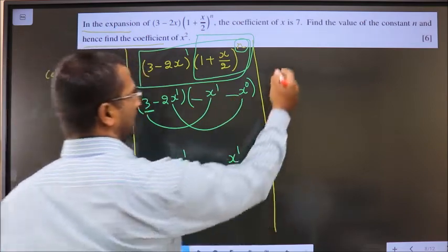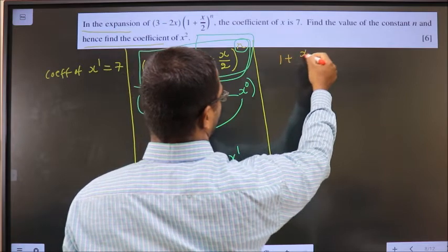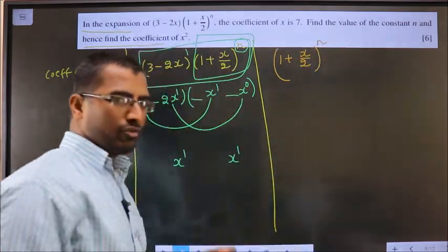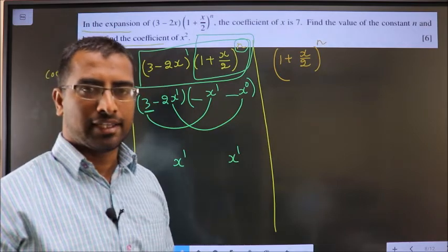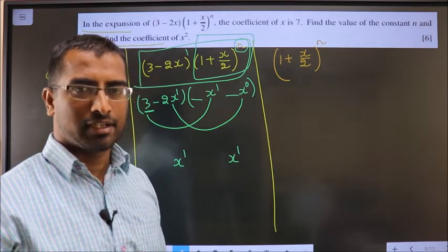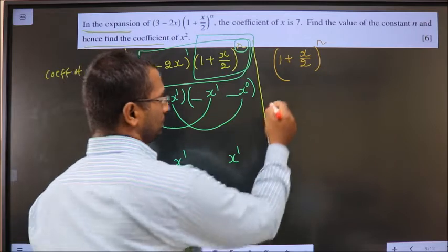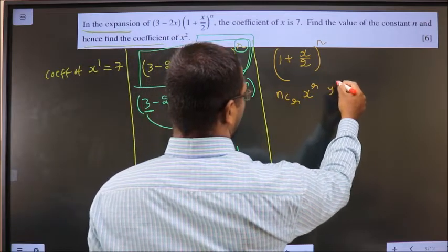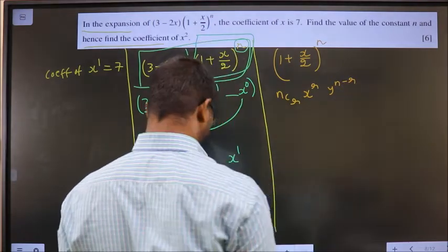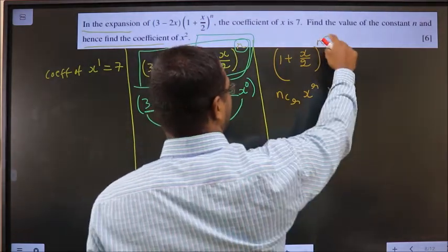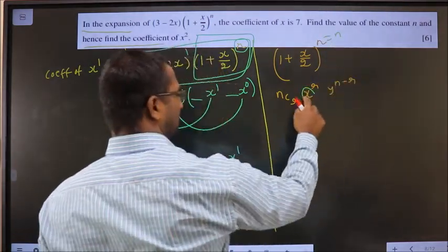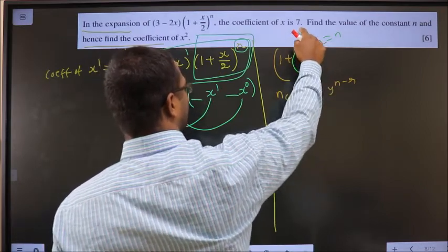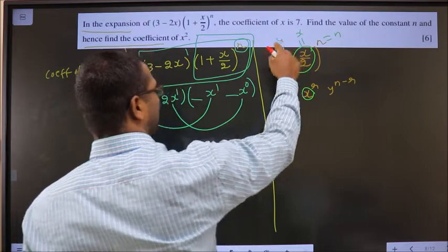And how do we find that? To find any coefficient, you need to write the general term first. The general term formula is nCr x power r y power n minus r. n is the power, the x term inside the bracket will be taken for x and the left out should be taken for y.